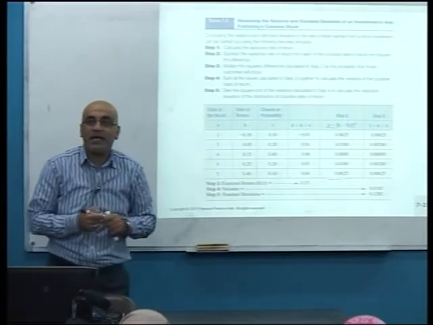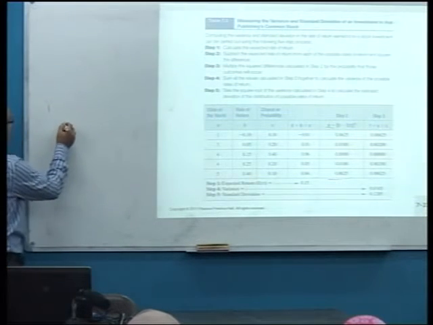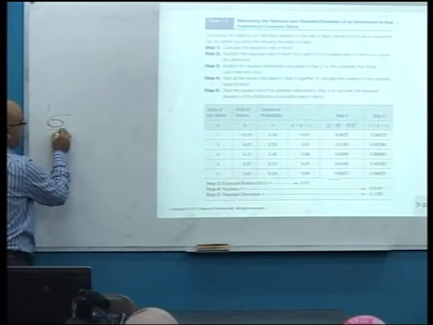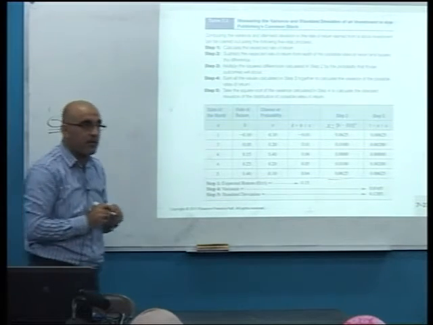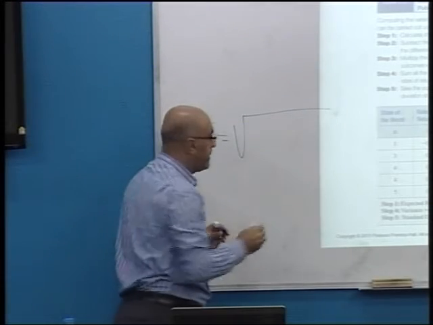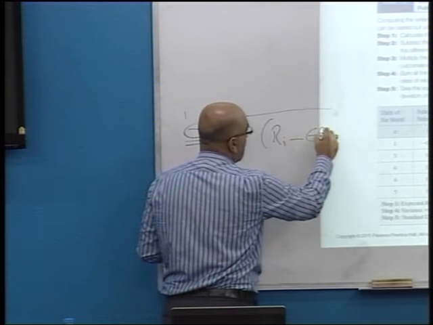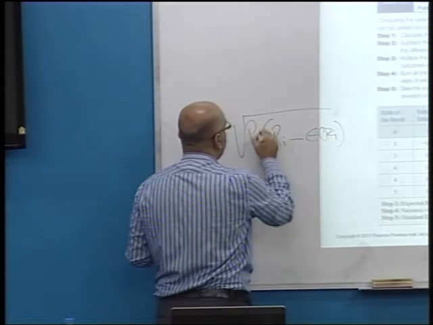So how can we answer this? You should apply how we calculate sigma. So sigma is equal to the root of the sum of Ri minus the expected Ri, squared, times the probability.